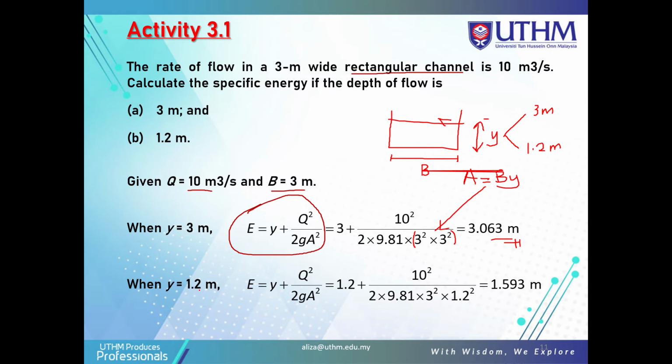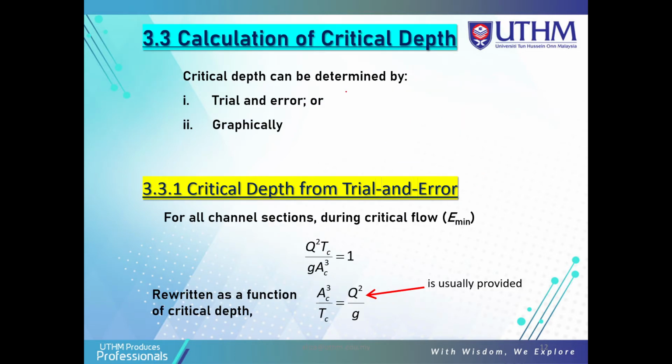When y is 1.2 meter, you put in all the values and you get 1.593. This is the concept, step by step, that you must calculate to get the specific energy.